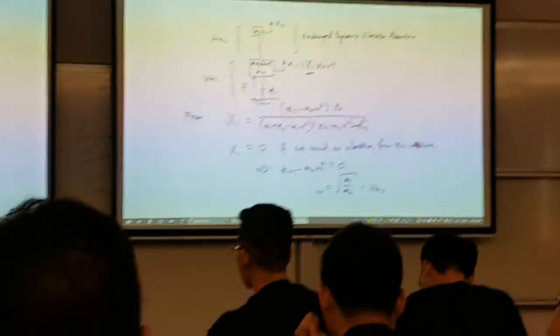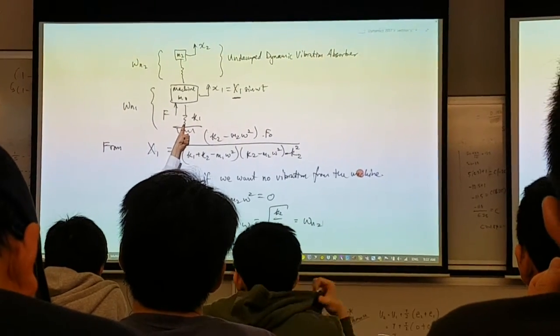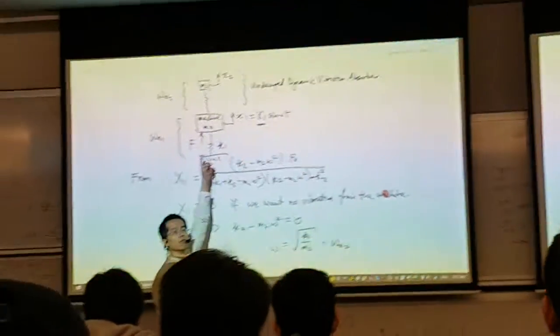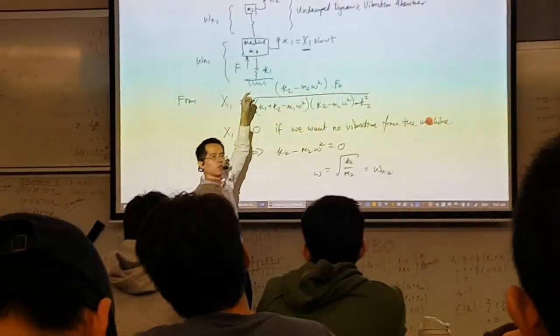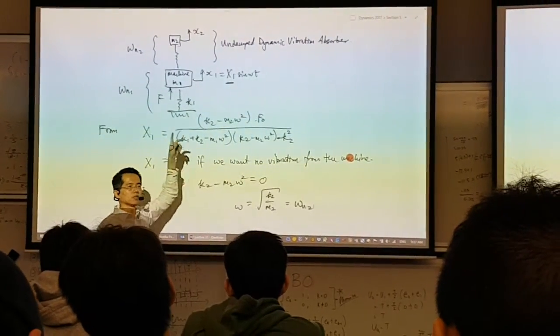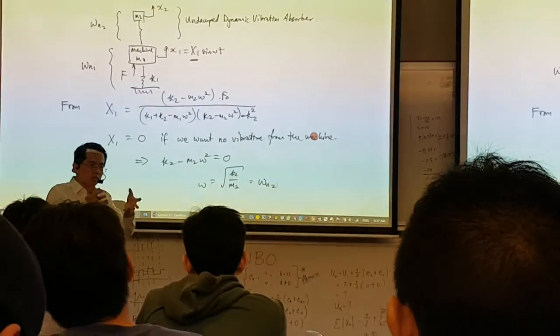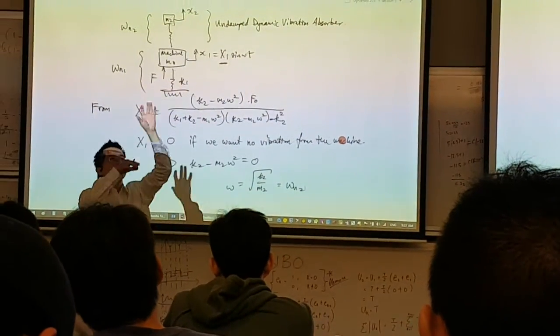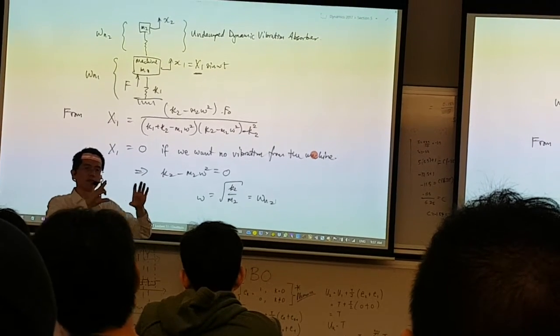But unfortunately, that operating frequency hits the resonance of this. So in order to avoid that resonance, I add on one more spring and one more mass at the top. This additional spring and mass at the top is going to transfer that resonance frequency from the machine to the top part. Now the top part will resonate instead of my machine at the bottom.